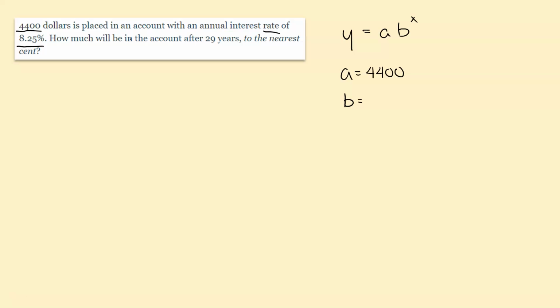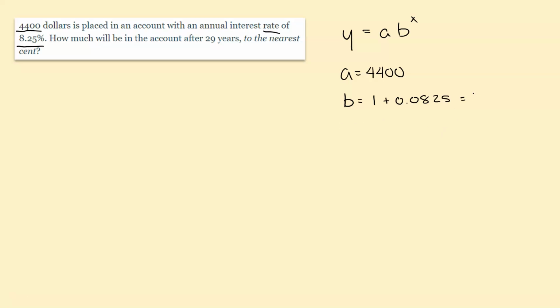This time, the money is being placed into an account with interest. That means the money being placed in an account is growing each year. That's why you put your money into a bank account, because it can grow because they apply interest to it. So that will be 1 plus the rate, which is 8.25%. Convert that to a decimal, and that is 0.0825.